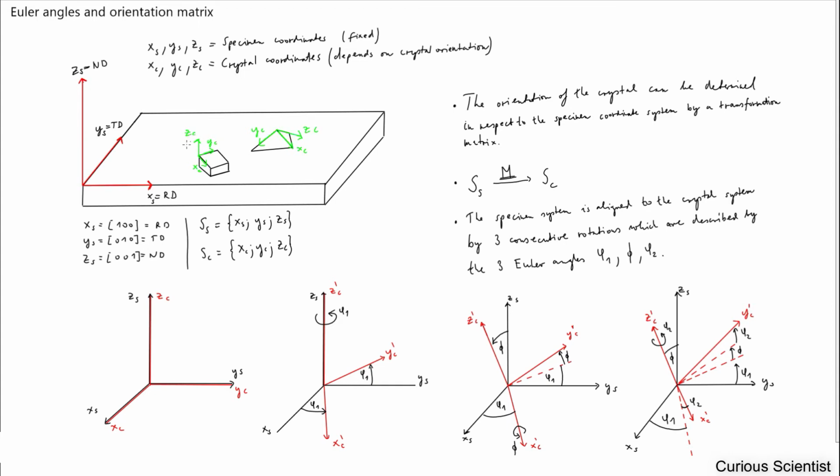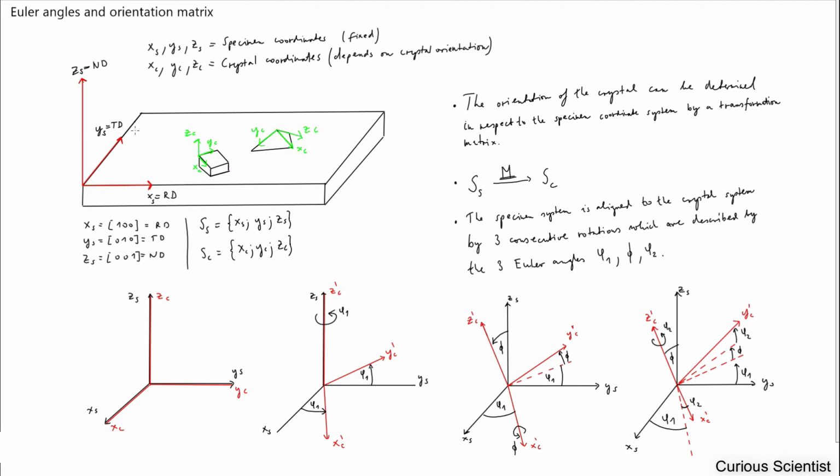And wherever you have grains within the material, they will be oriented in a different direction, and they will have their own coordinate system. And the good thing is that there is an obvious relationship between this coordinate system, the green one, the crystal coordinate system, and the specimen coordinate system.